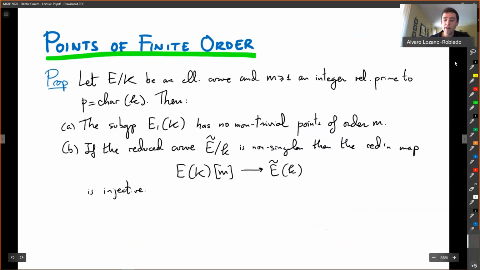We're going to prove that if you have an elliptic curve over K, and M is an integer relatively prime to the characteristic of the residue field, then the subgroup E1 has no non-trivial points of order M, and if the reduced curve is non-singular, then the points of order M actually inject into the points over the finite field. Okay, so let's prove that.